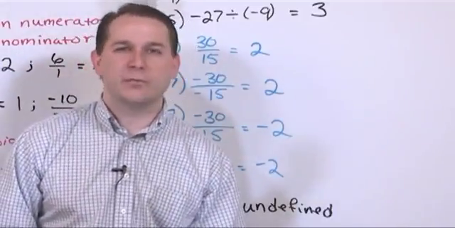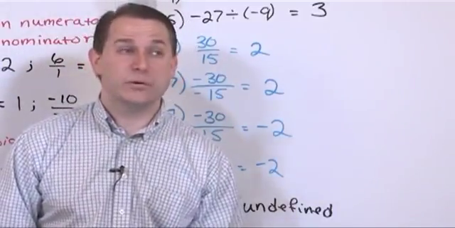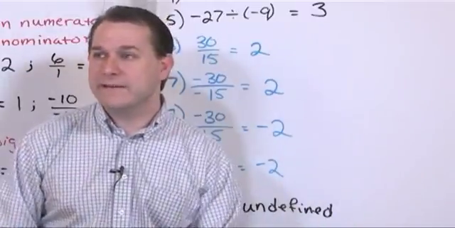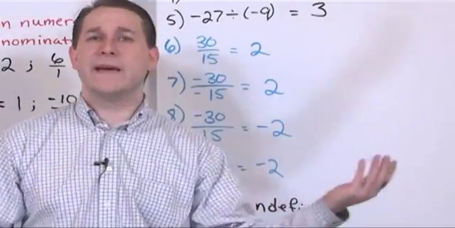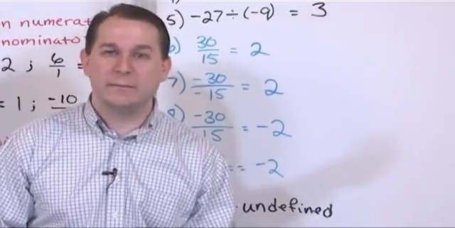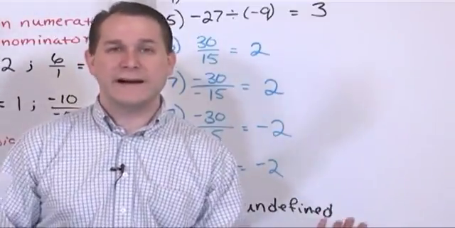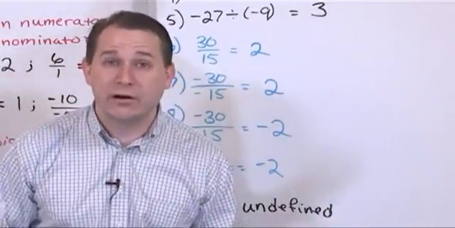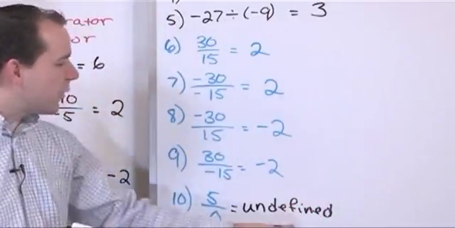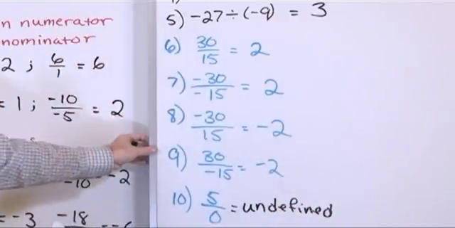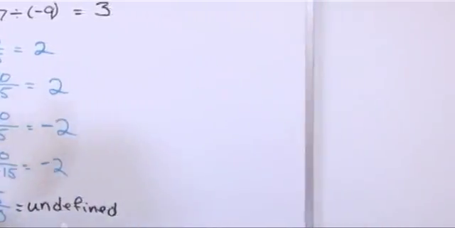But when you get into more advanced math, you'll find out that it's really equal to infinity, because it's an infinitely large number. You can keep on dividing forever and ever because you're dividing by nothing at all. But for now, just go ahead and write undefined, because that's a good answer that you can write down on a test, and everybody will agree that that's fine.